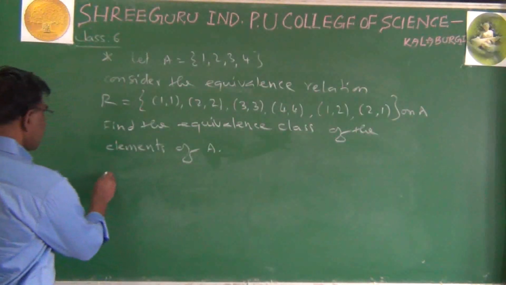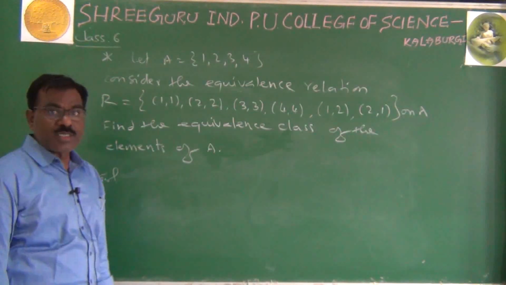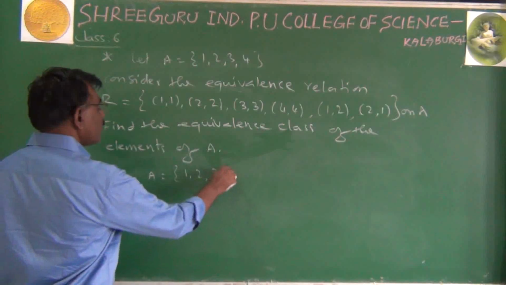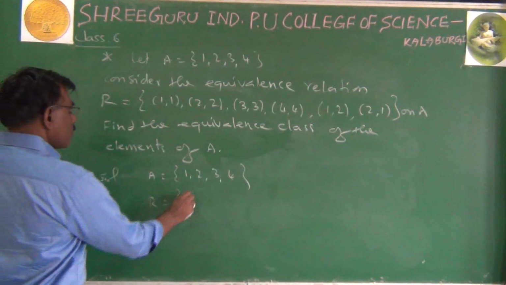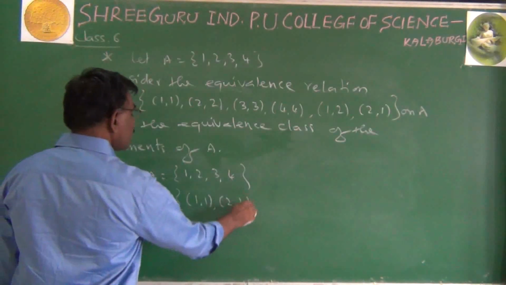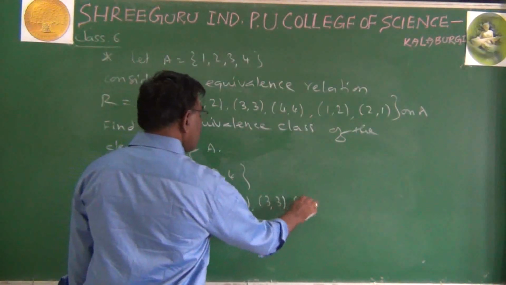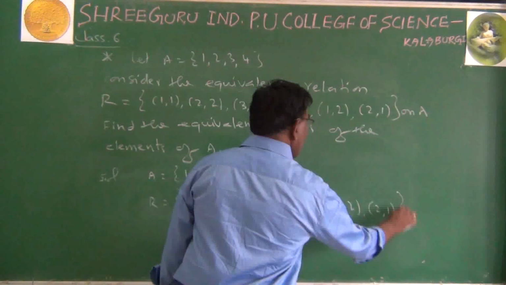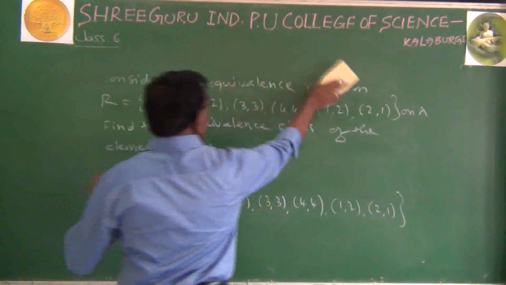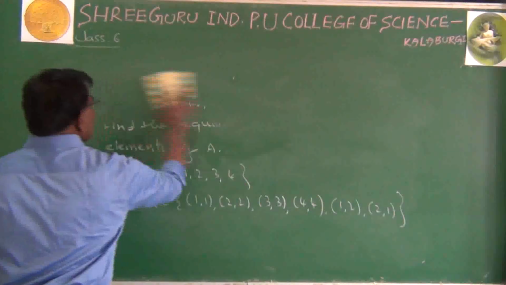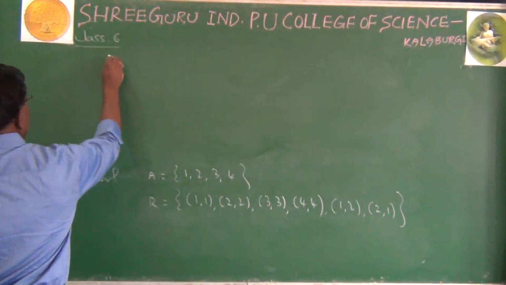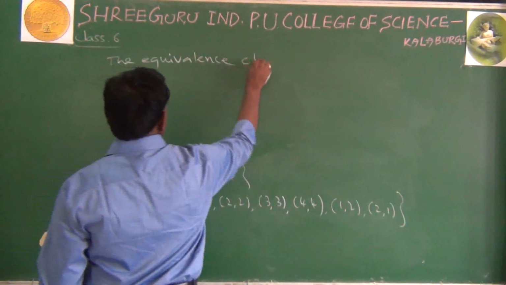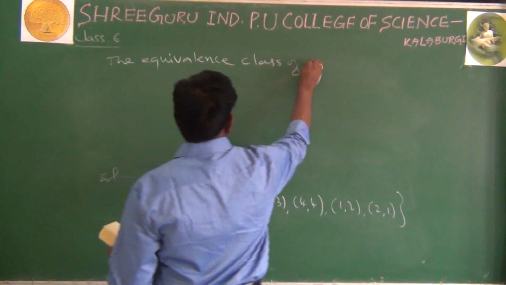Now the solution. So already it is an equivalence relation. What is A? A = {1, 2, 3, 4}, be careful, and R = {(1, 1), (2, 2), (3, 3), (4, 4), (1, 2), (2, 1)}. This is the equivalence relation on A. Now what is the next? The equivalence class of a.